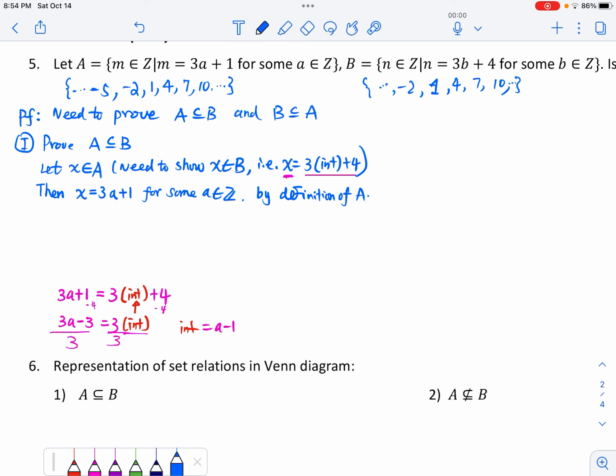Therefore, once I do that, I'm going to say let b be a minus 1. Where is b from? That's from my scratch paper.